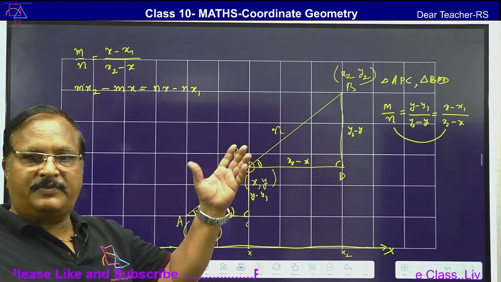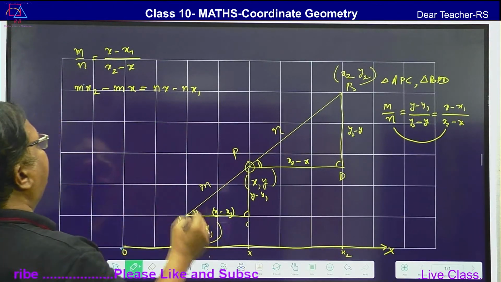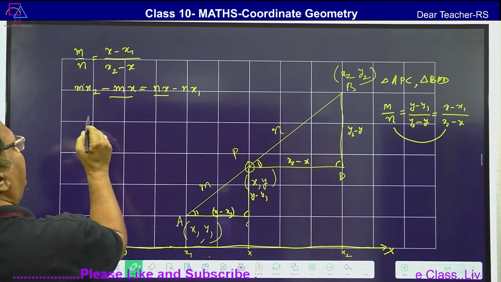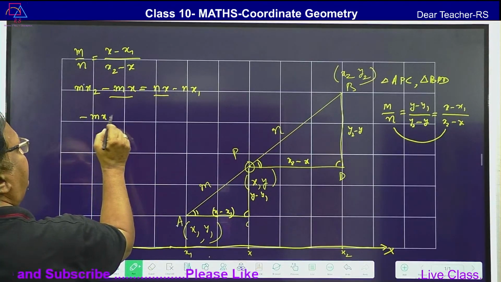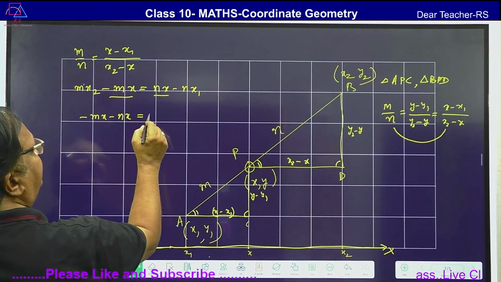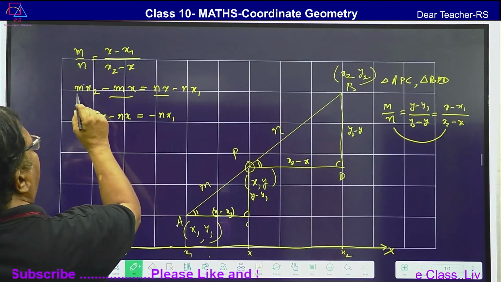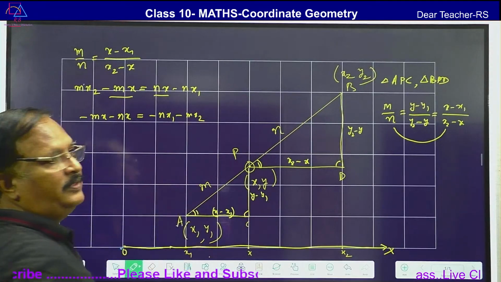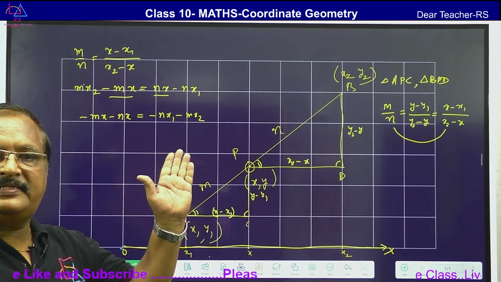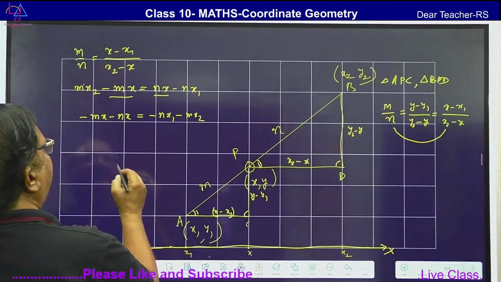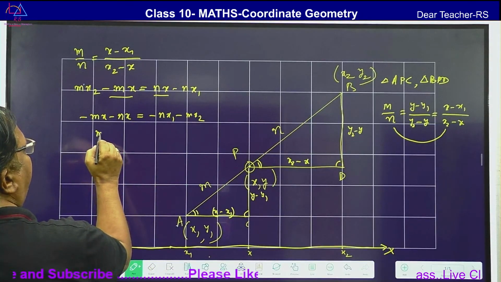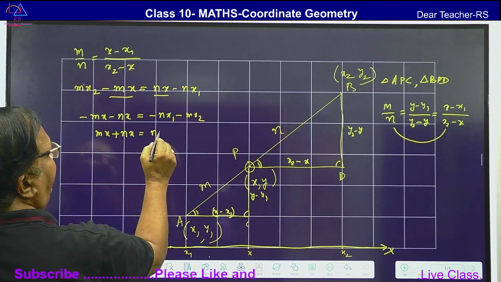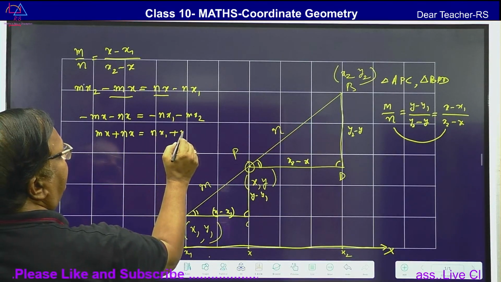So bring the x terms to the left hand side. So this is one x term, and keep this x term there only. So minus mx minus nx is equal to minus x1; if it goes that side, it is minus mx2. In all the terms minus is there, so cancel the minus. Then it will become mx plus nx is equal to nx1 plus mx2.